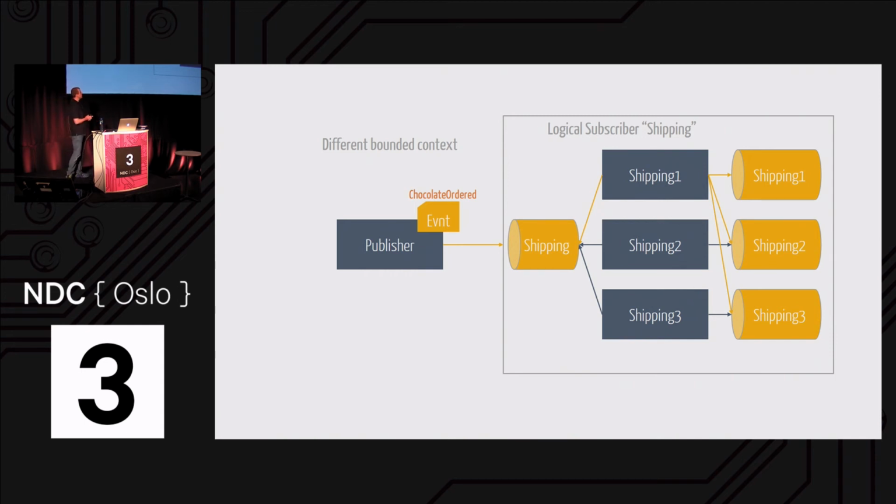So what can happen is, for example, when you publish a chocolate ordered event and the shipping service applies partitioning by zip code, it will end up on any of these shipping queues. Right?